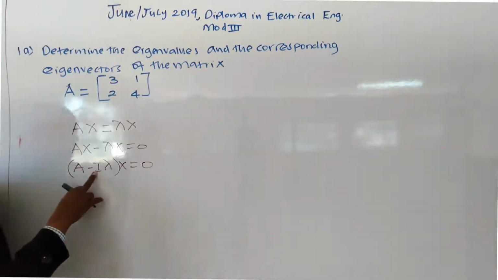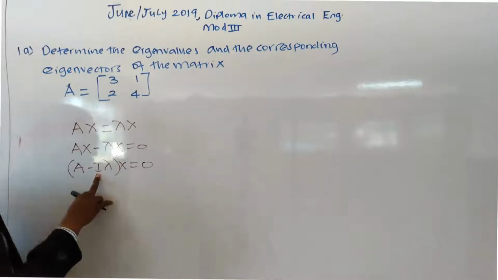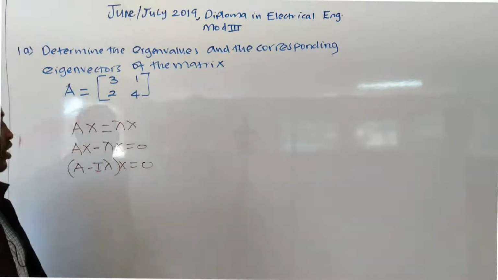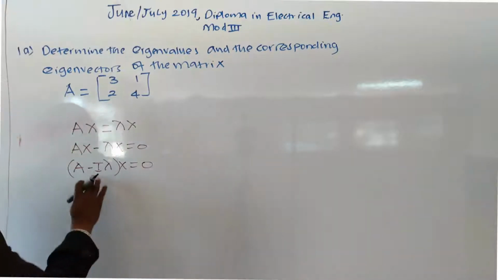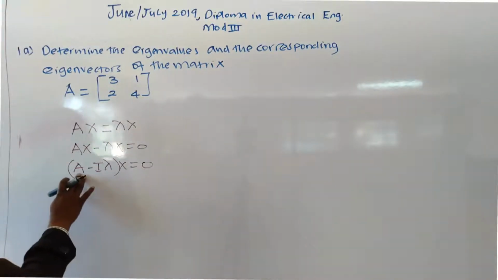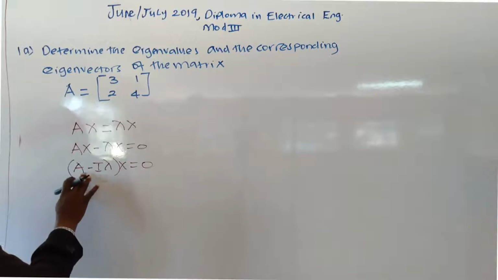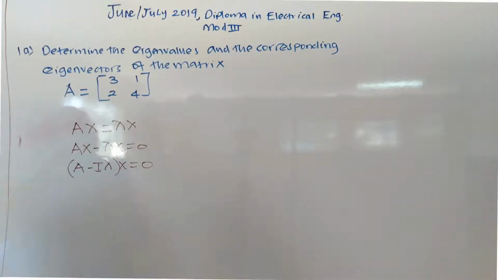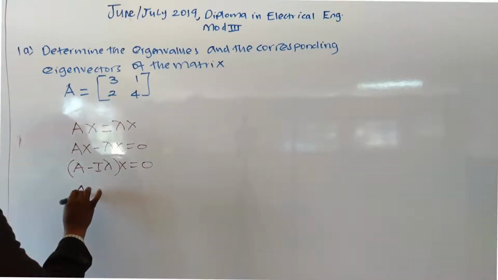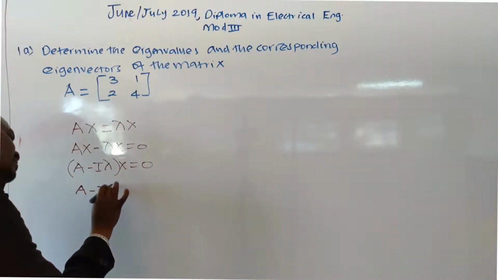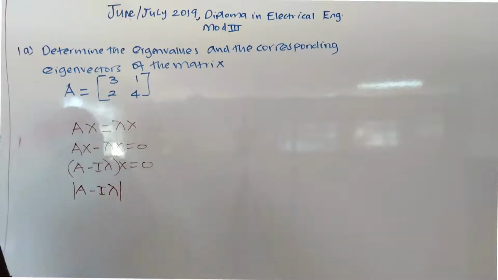Notice we have introduced an identity matrix because it is only possible to subtract a matrix from a matrix. Now, if we take the matrix A minus I lambda, we find its determinant.